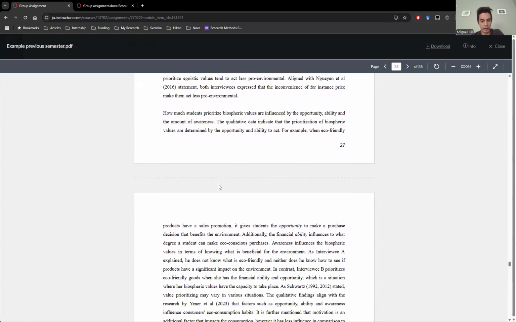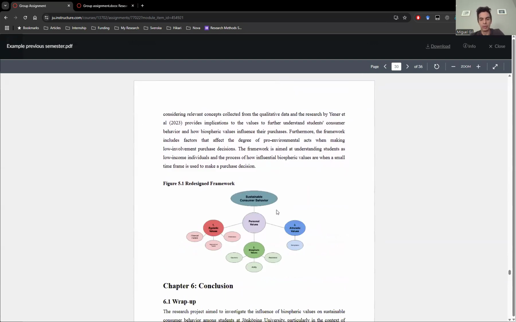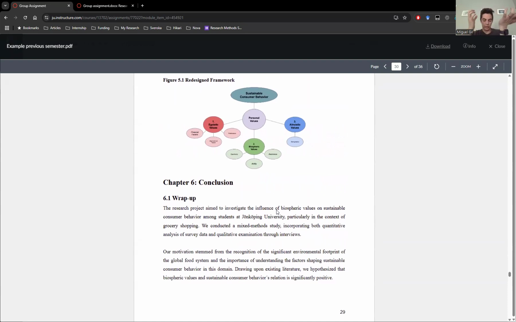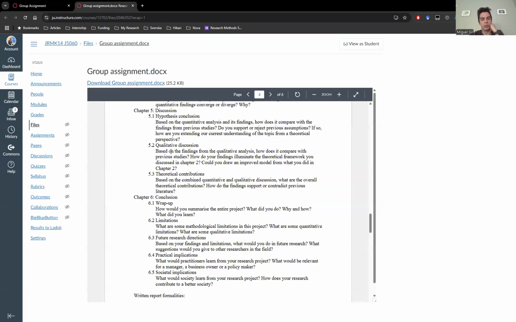I think you can use it as a guideline because they discuss in quite some depth their findings versus the previous studies from the literature review, and they finish with a redesigned framework. If you go back to the literature review, they had a simple framework, and this is an improved version of that framework. So I think they did a very good job in these two parts.